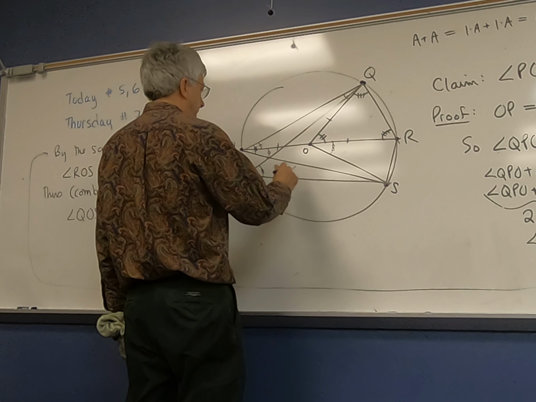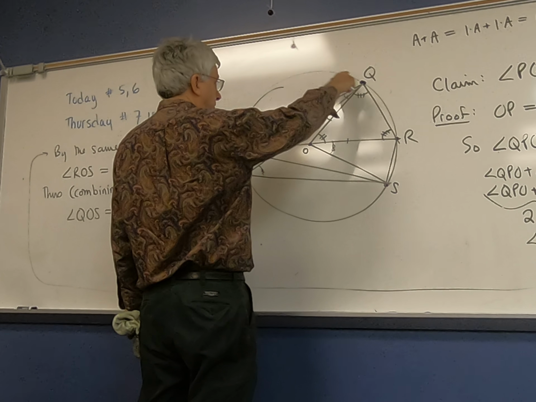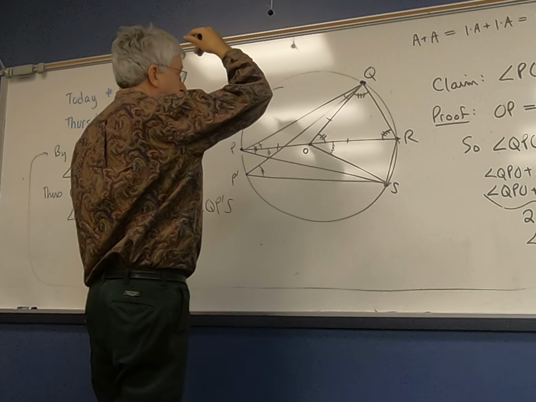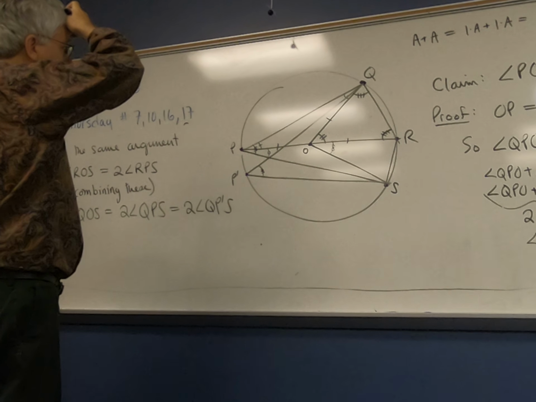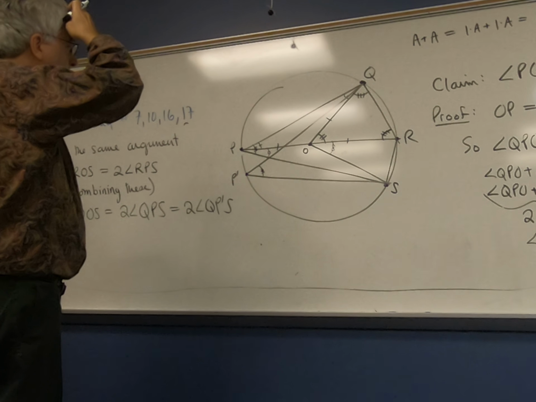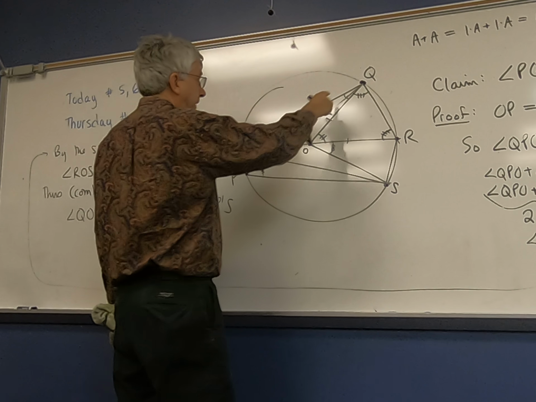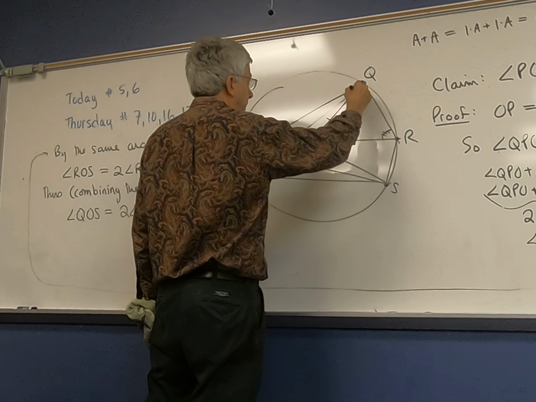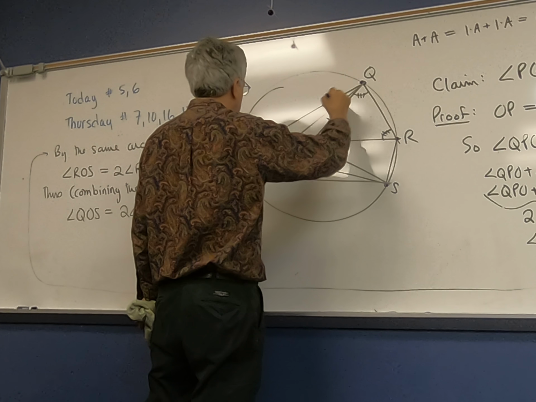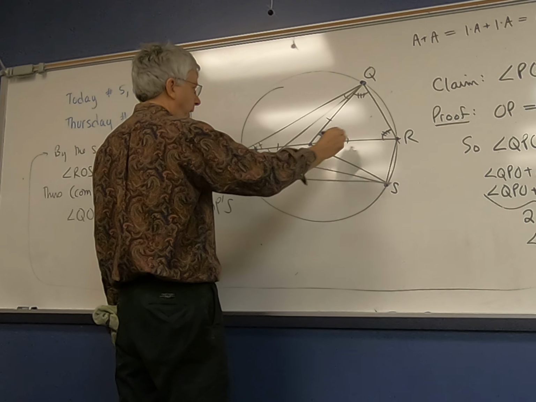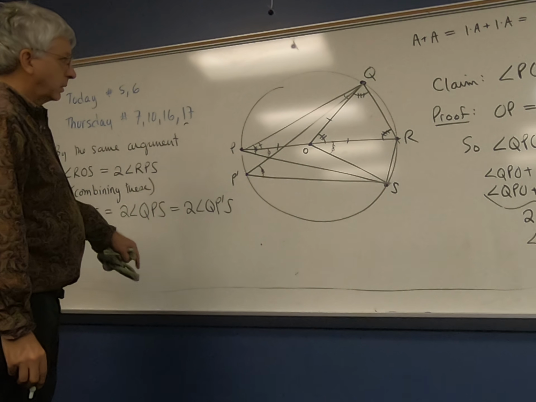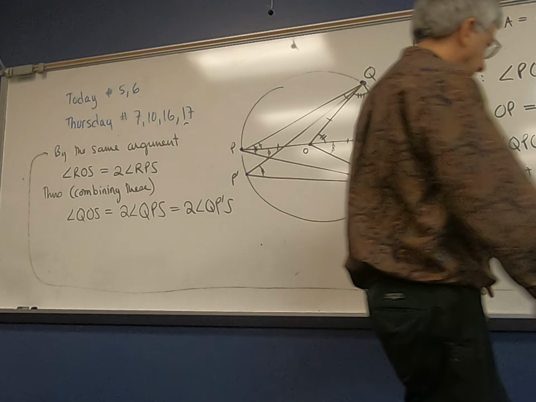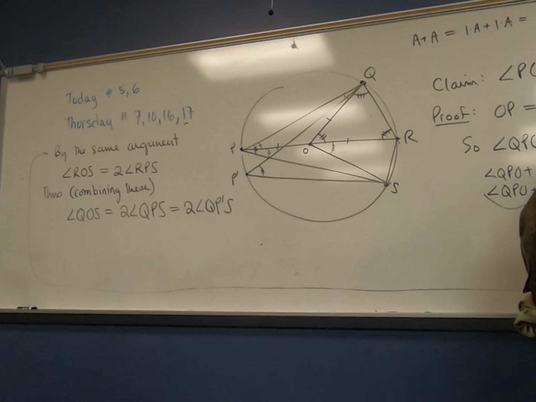Well, they actually say move point Q instead of moving point P. So we know that actually point Q here has got to make a right angle. Why? Well, because QOR is a straight angle, right? So this is 180 degrees.